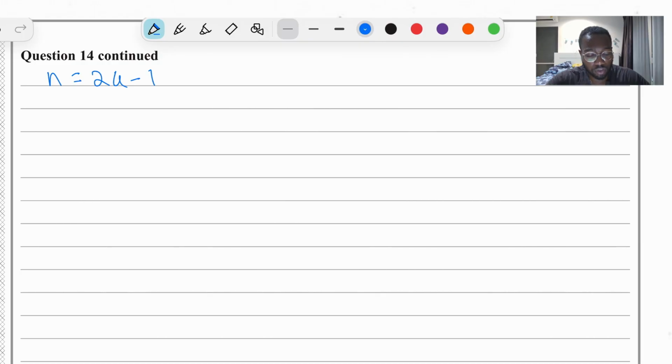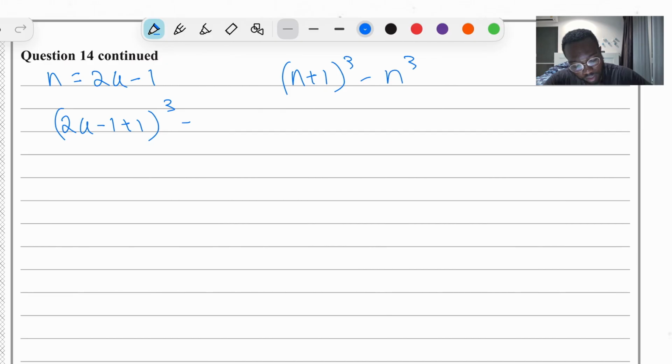Okay, so if I do 2k minus 1, now I need to put that in the form of n plus 1 cubed minus n cubed. This is for odd, okay, because we know that now we're looking at when n is odd. So now what we do is we need to do 2k minus 1 plus 1, cubed, minus 2k minus 1 cubed.